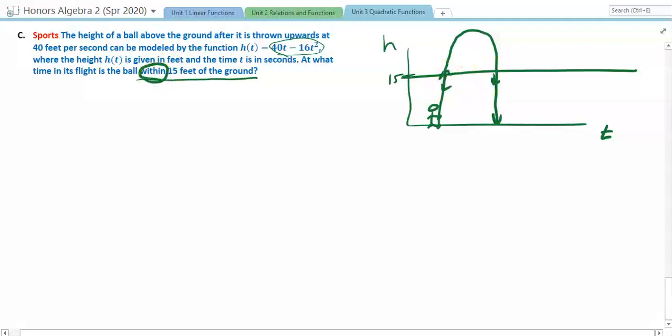Now, the term within would include the 15, so this is going to be less than or equal to. So we're going to have that our height of t is equal to 40t minus 16t squared. The height that is my critical value is the 15, and I want the 15 to be larger than or equal to what my height is for this function.